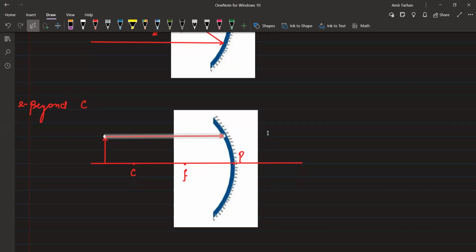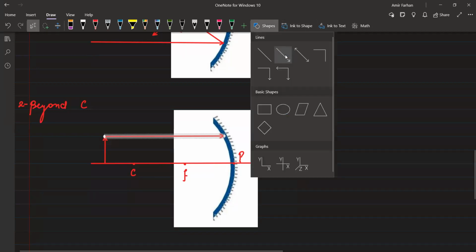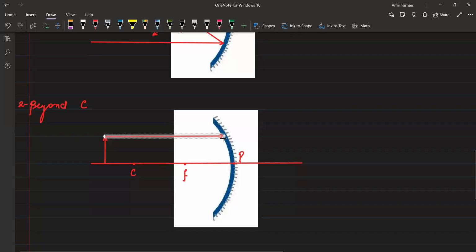Okay, everybody, Gianna, Arya, Nabila, Jabbar, and Mariam. And it will pass through? From where? Focus. Very good. It will pass through the focus.